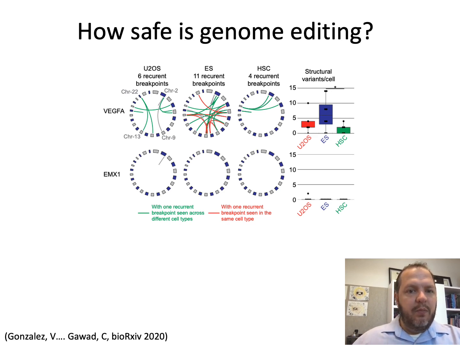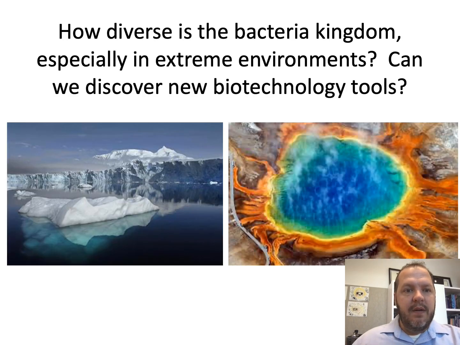One which is known to be more promiscuous, one which is less, and you can see all these translocations induced in different cell types in this VEGF guide RNA versus only one really that we saw on this EMX1 guide RNA. We have analogous strategies for looking at indels and other types of genetic variation.